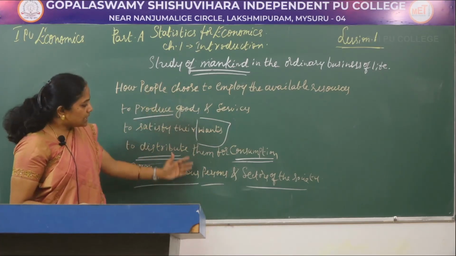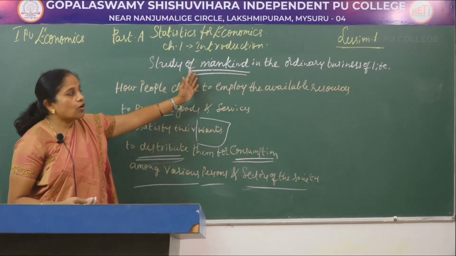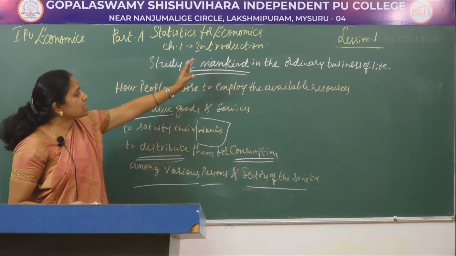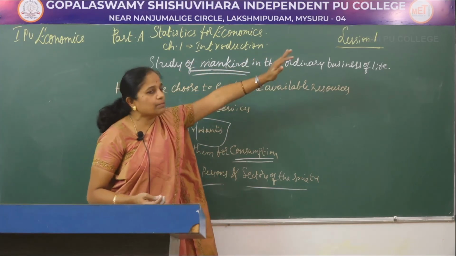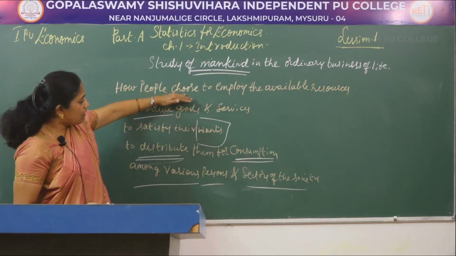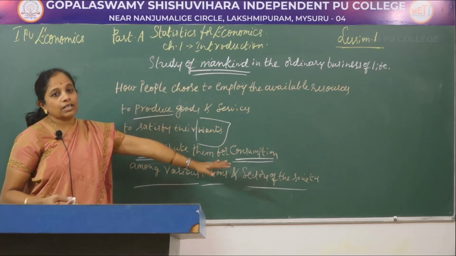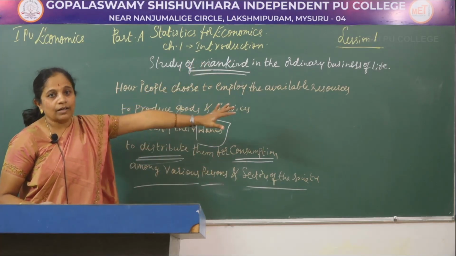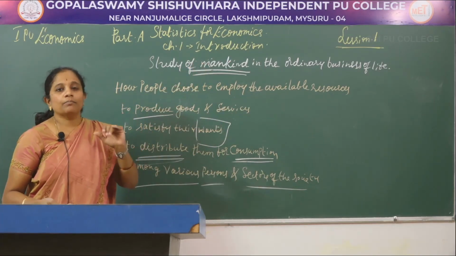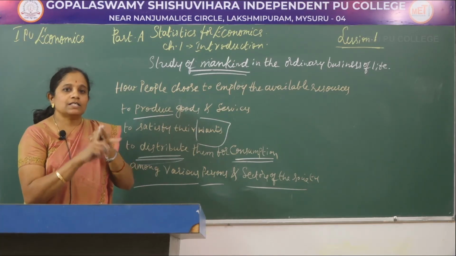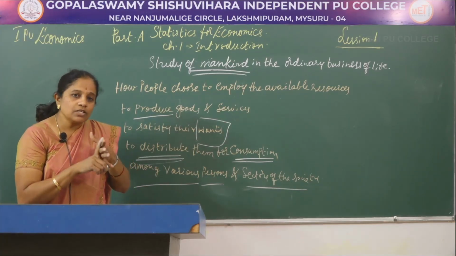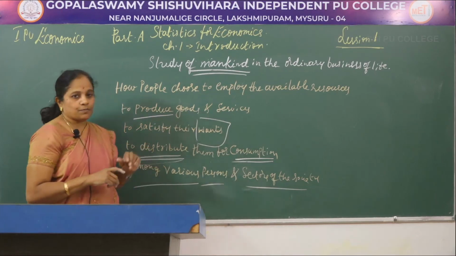So this total sentence says that economic activity is nothing but the study of mankind in the ordinary business of life, which involves production, consumption, distribution and exchange, and all these are involved with the major categories of the people like producer, seller, consumer, service holder as well as the service provider.